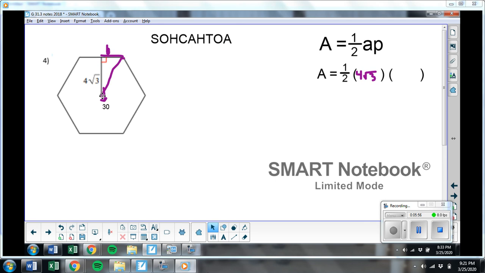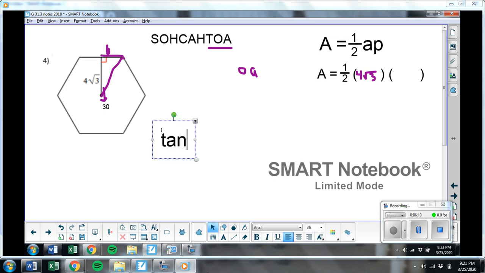What sides do I have? From 30, opposite, and adjacent. So it's got to be tan of 30. Opposite first, so B first is opposite.